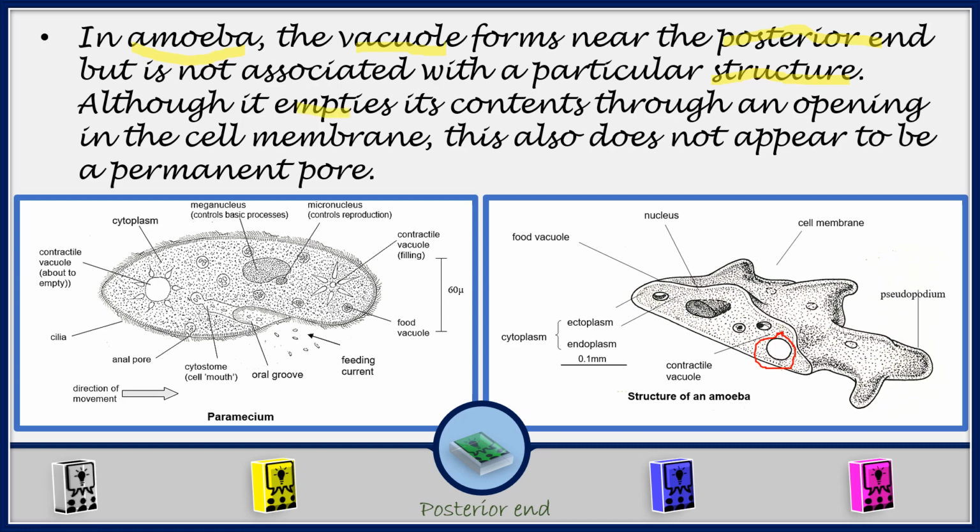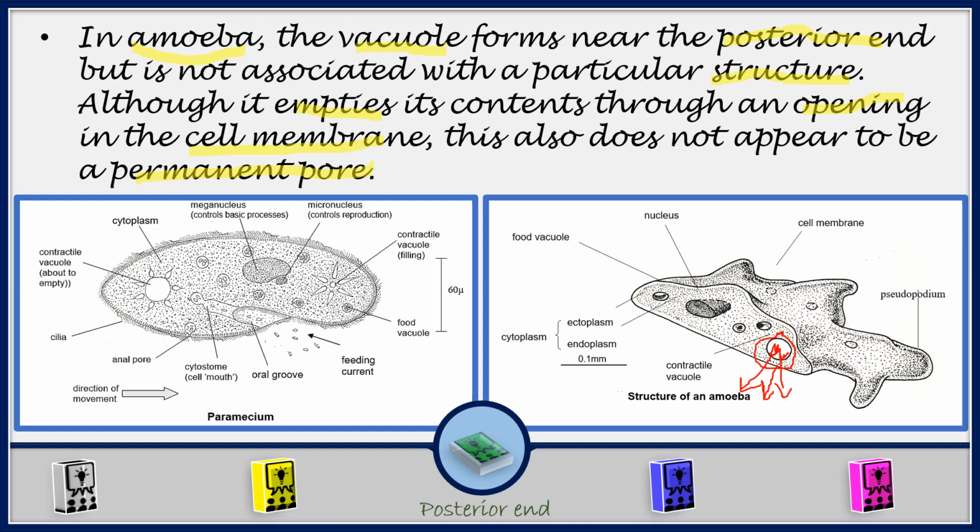Although it empties its content through an opening in the cell membrane, this also does not appear to be a permanent pore. So when this contractile vacuole is filled with water, it is going to empty its content through a pore, and it releases the content outside the cell membrane.